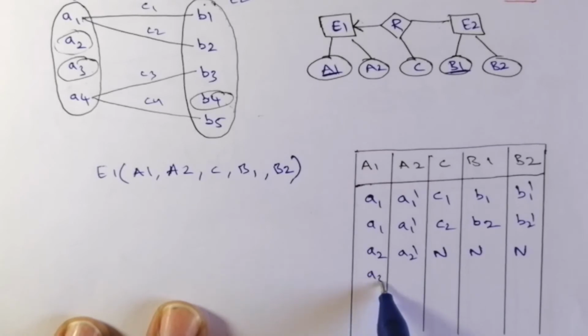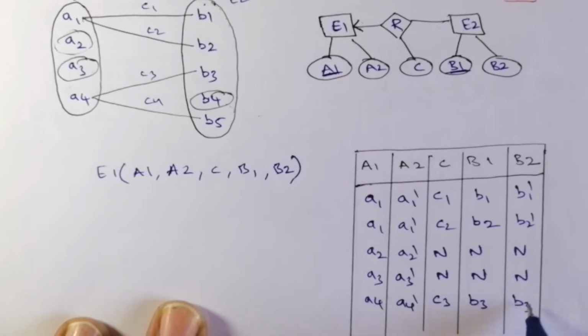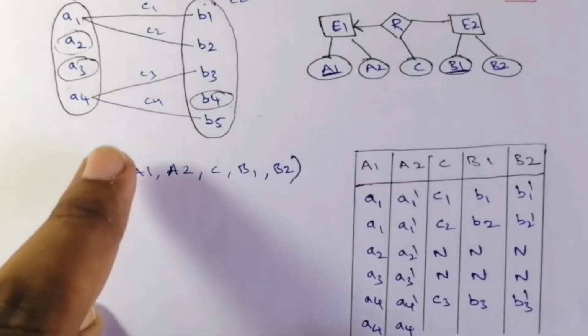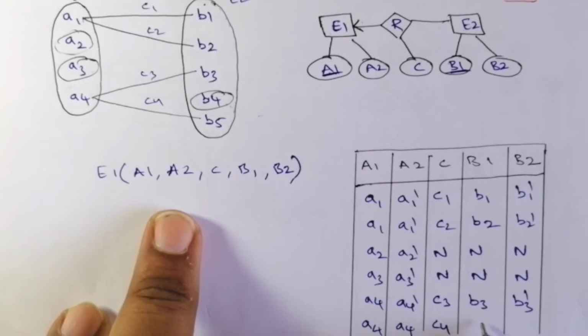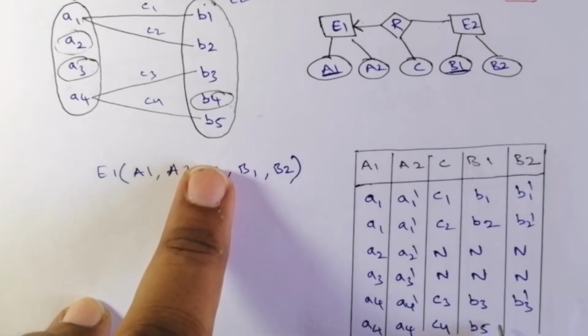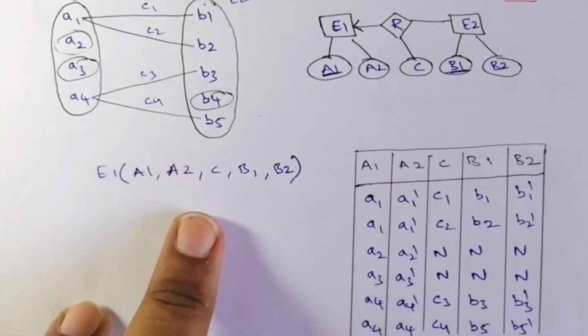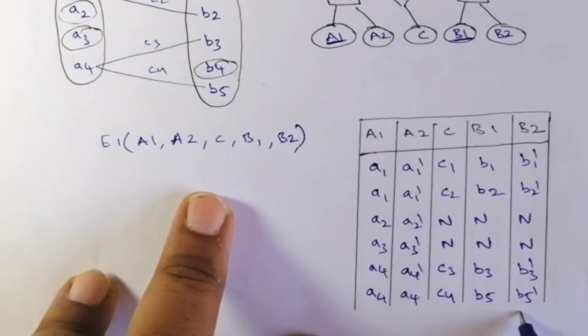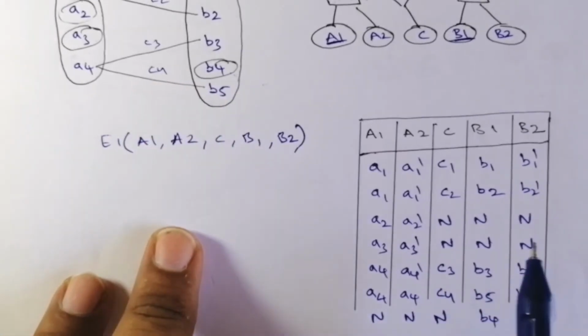In the same way for A3 A3 dash, null null null, and for A4 A4 dash, C3, B3 B3 dash, and another case A4 A4 dash, C4, B5 B5 dash, right? So we have another case for B4 B4 dash, with null null and null on this side, right? So this is our complete relationship.